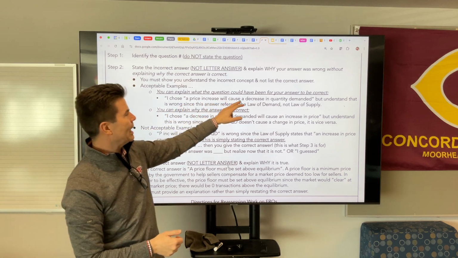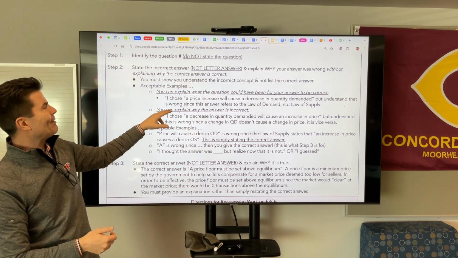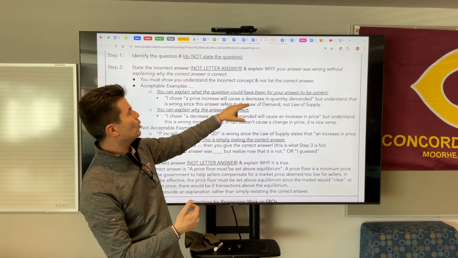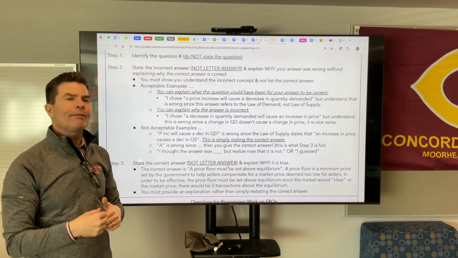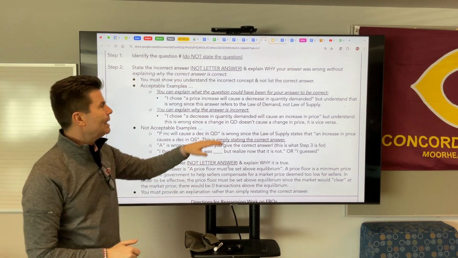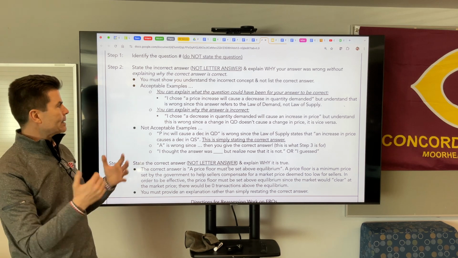This is the actual answer that you got wrong, but understand that this is wrong since the answer refers to the law of demand and not the law of supply. So you've just proven to me that you know two concepts now, not just law of supply, but also law of demand. So that's an acceptable answer.